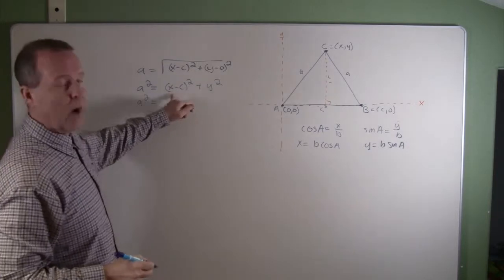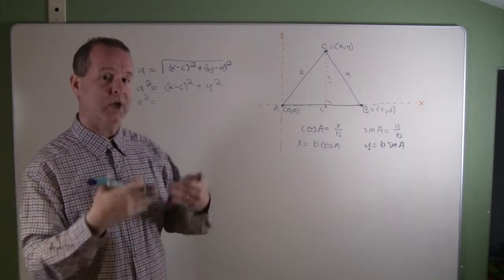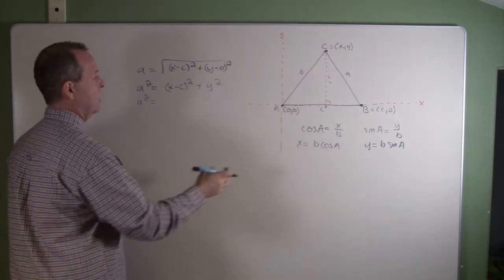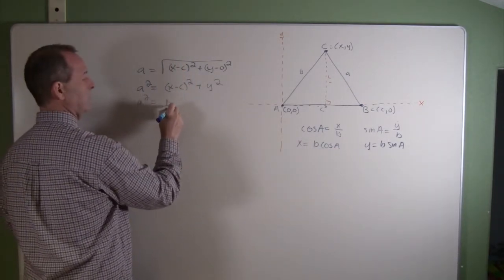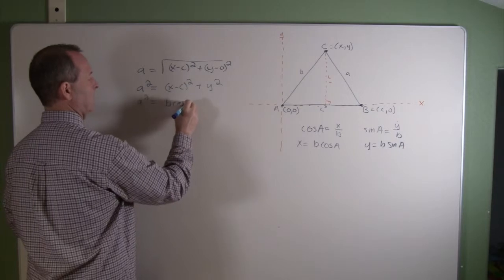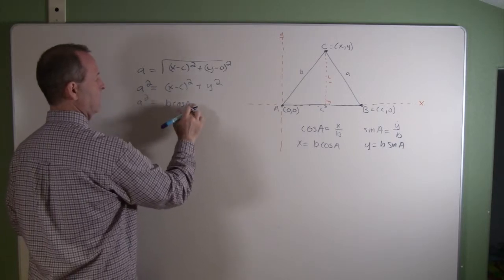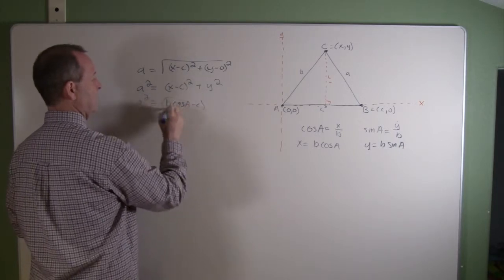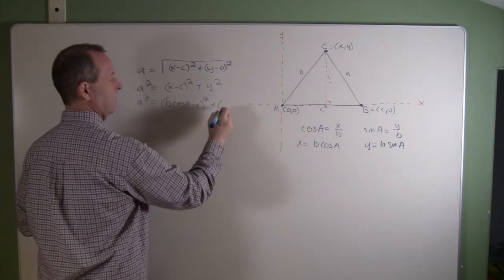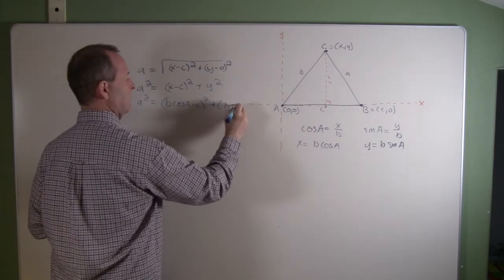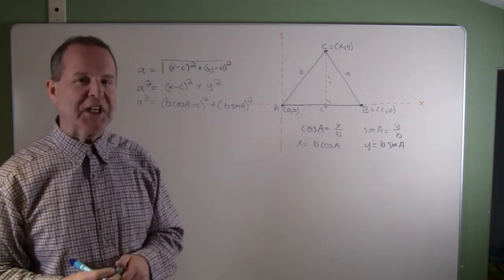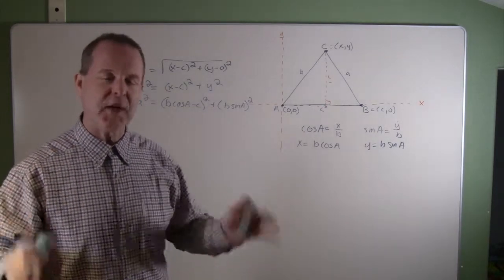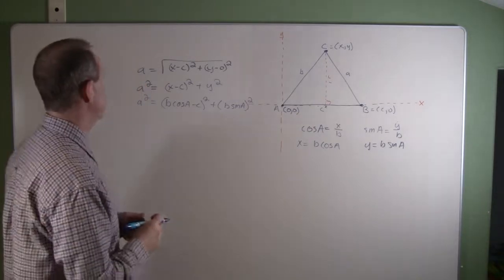I was able to rewrite this x and the y in terms of something else, so let's go ahead and include that, b cosine A. It's looking like it's getting ugly, but it's going to go someplace that we're going to find is useful.